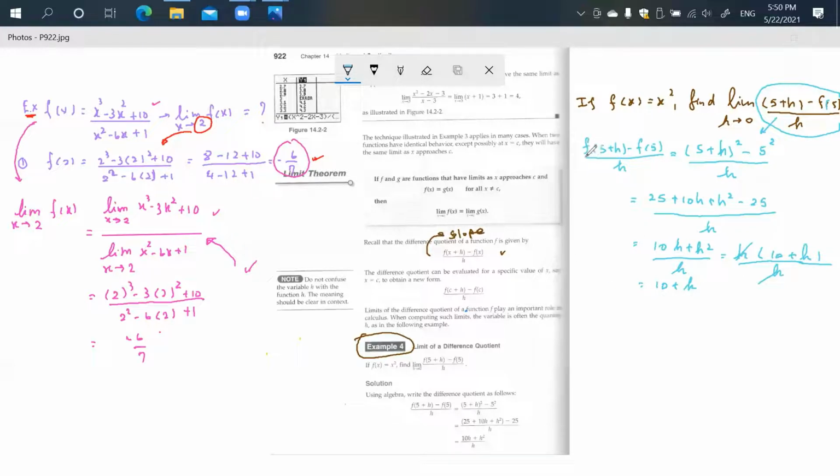From the left hand side, if you rewrite it, f of 5 plus h minus f of 5 over h equals this one, correct? Then you take the limit on both sides.